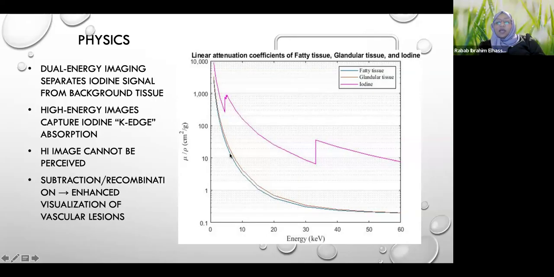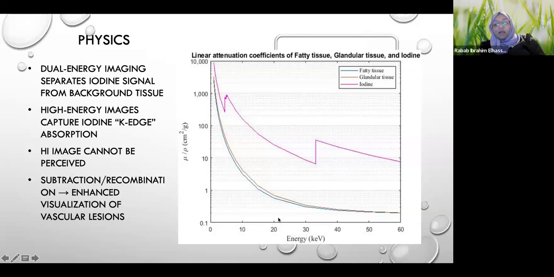The green line is the fat and the orange line is the glandular tissue. You can see that the attenuation of the fat and the glandular tissue is highest when the kVp is low, and it drops when the kVp increases.